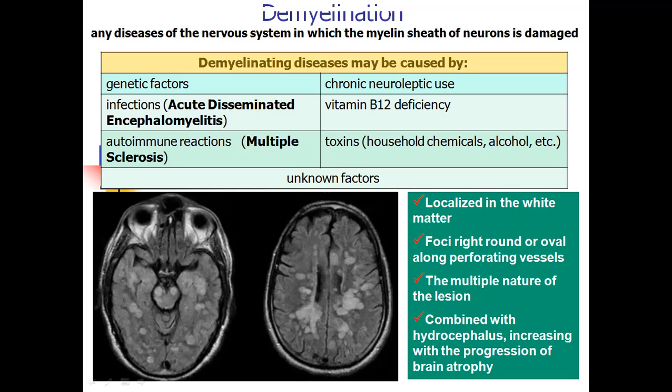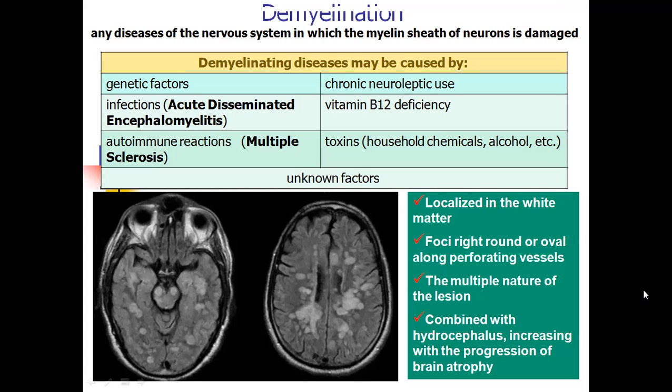This pathology may be caused by genetic factors, by infection, so-called acute disseminated encephalomyelitis, by autoimmune reactions, so-called multiple sclerosis.